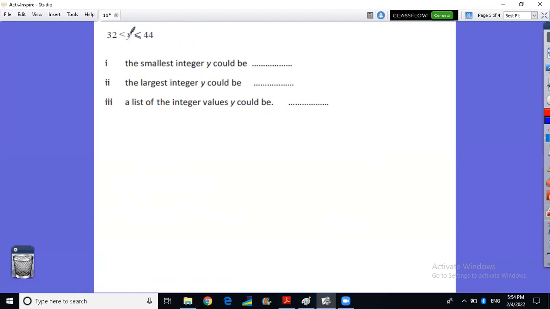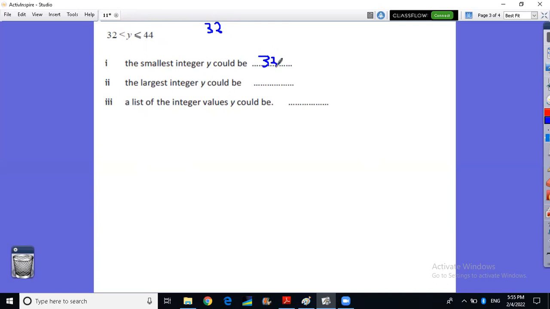We're saying here that y could be anything that is greater than 32, but must be less than or equal to 44. Can I say 32 itself? No. Why? Because they said it is greater than 32. They did not say or equal to 32. So the smallest integer y could be is 33.